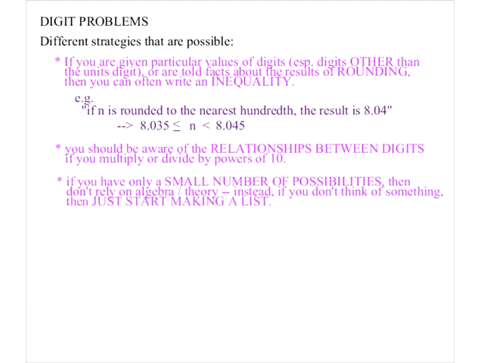So highlighting things that are most important here. Particular values of digits can sometimes give you inequalities, or if you talk about rounding. Relationships between digits when you use powers of 10. And if you have small numbers of possibilities, a lot of times you can make a list.